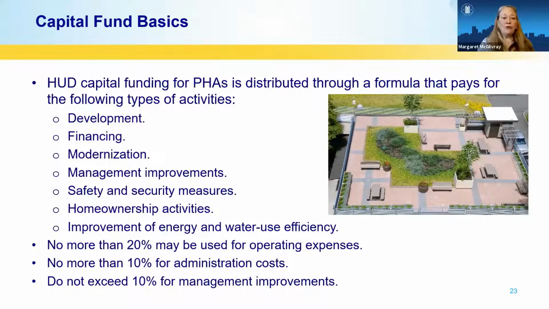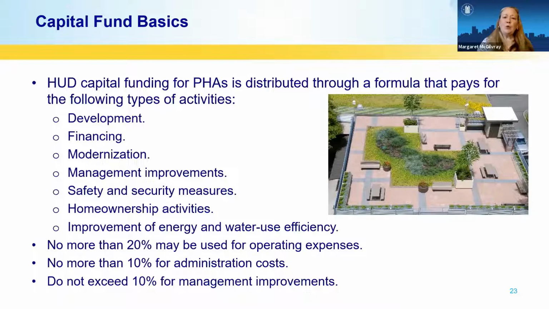You can also do vacancy reduction activities through your capital fund program. You can address deferred maintenance needs and replacement of things like obsolete utility systems and dwelling equipment. You can do management improvements, which includes the establishment of, say, computer centers as part of the Neighborhood Networks Initiative.